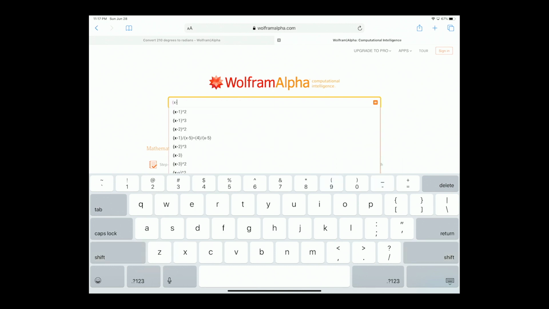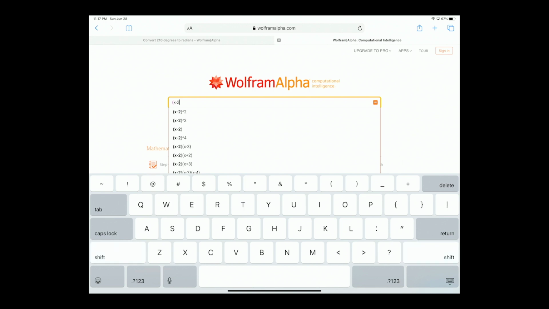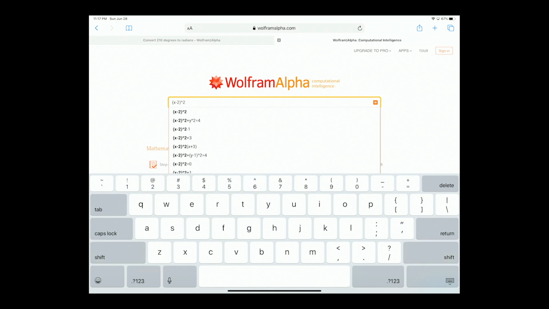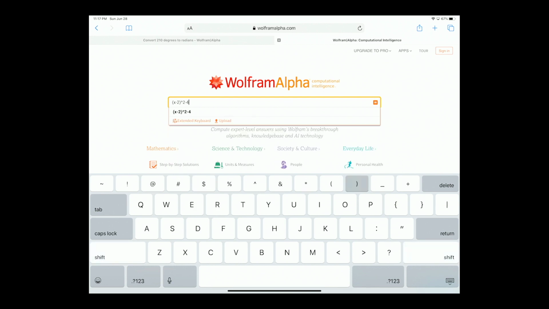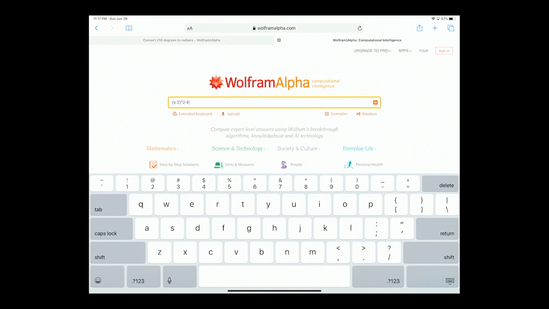X minus 2 squared minus 4, I guess. And then on the bottom, it was x minus 3, which also needs to be in parentheses.